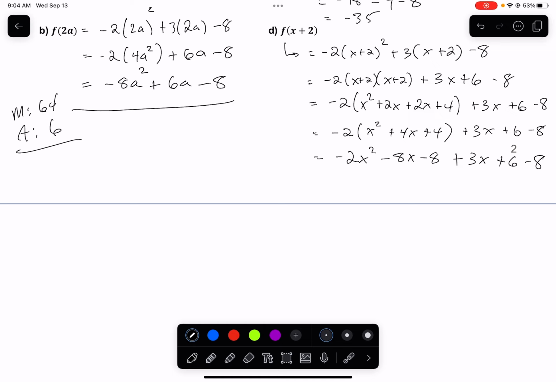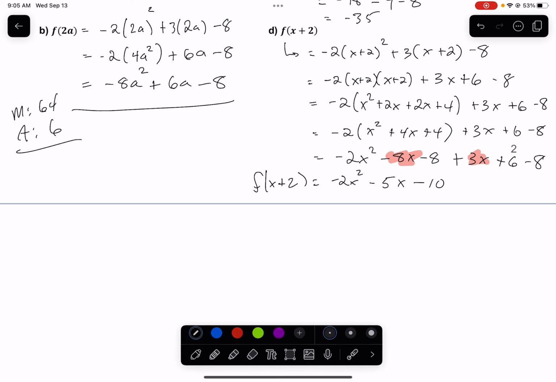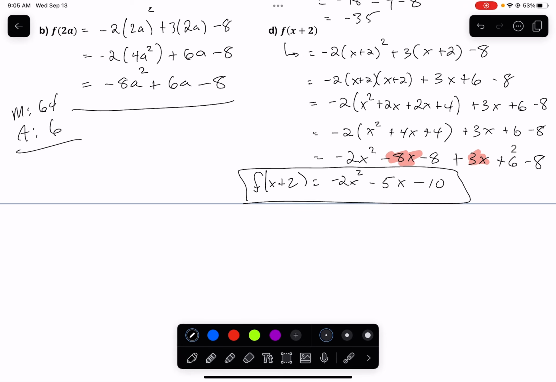So we should get something like negative 2x squared, negative 8x and 3x should be negative 5x, and then negative 8 take away 8 is negative 16, plus 6 should be negative 10. That would be the value of the function when I evaluate at x plus 2.